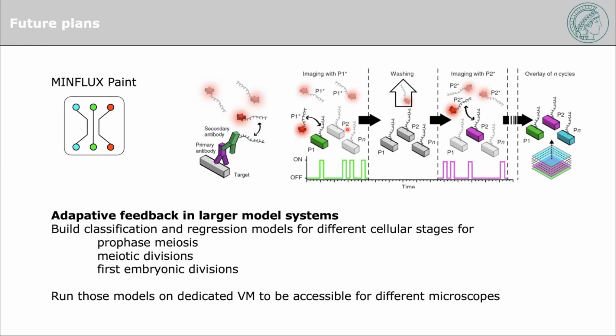There's all the prophase, where there's all the chromosome coupling and crossover, which is very interesting. Some groups are able now to visualize this with microscopy for quite a long time. And we will try to build classification regression models to recognize cells in the different cellular stages, and also to do different experiments with it.